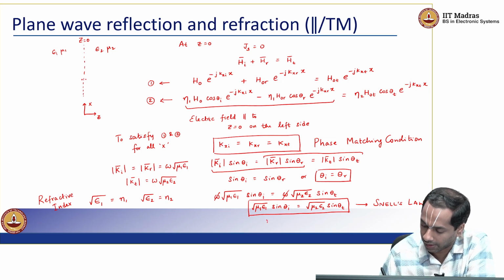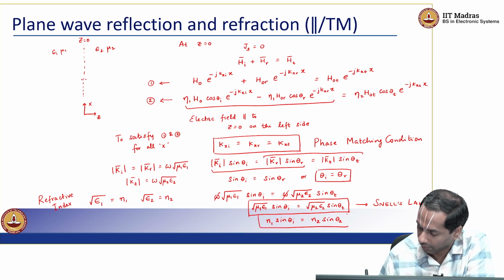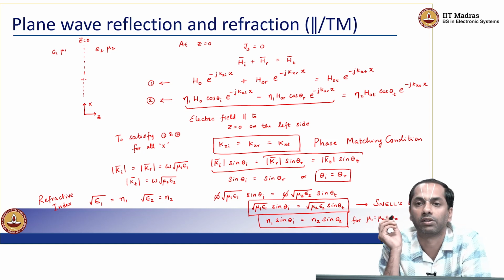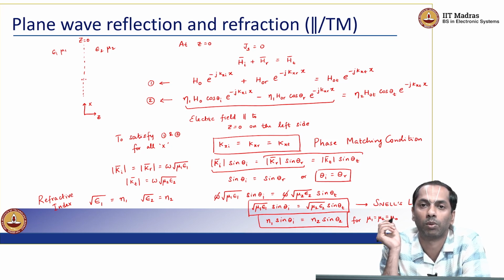If I did that, I basically get the more popular expression. So, if I assume that I do not have a magnetic medium and the permeability is just mu naught, then I can simplify it to the more popular Snell's law relationship that relates the refractive indices of the two media and the angles of the incident and reflected waves.